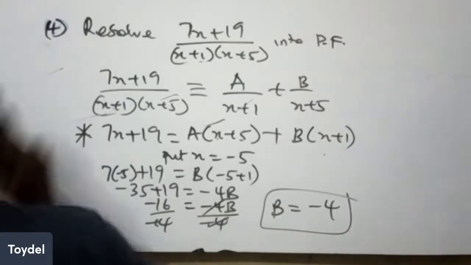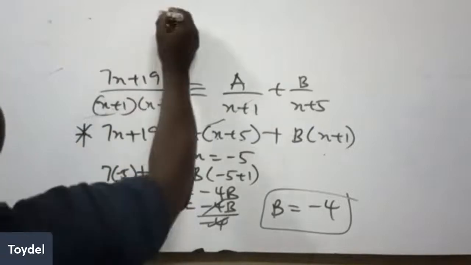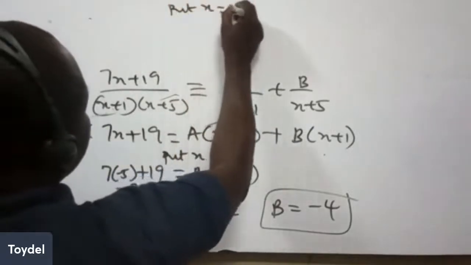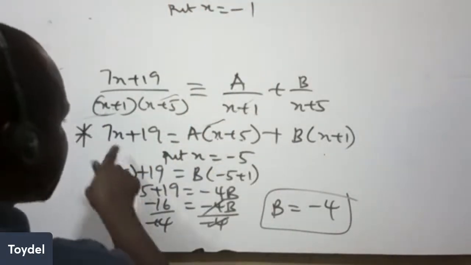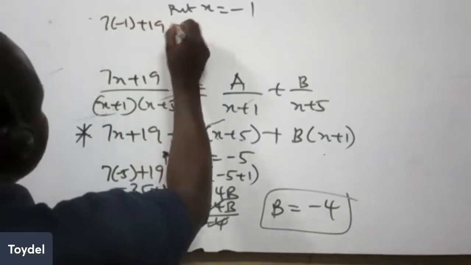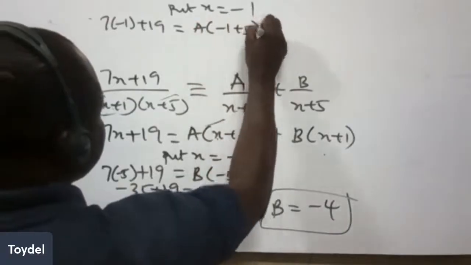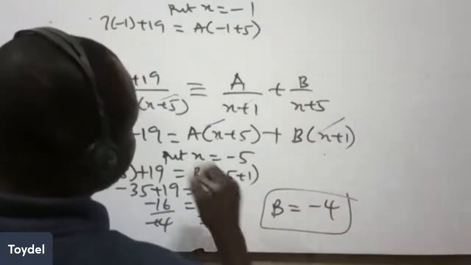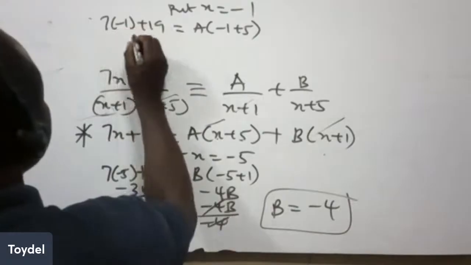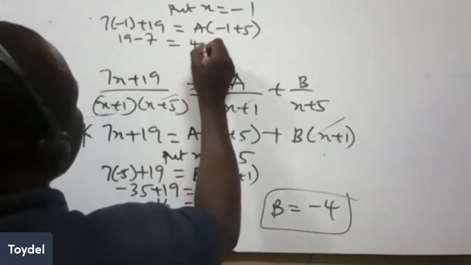Once we know the value of B, then we can go ahead and find the value of A. Then we also put x equal to minus 1. If you put x equal to minus 1 here, I'm going to have 7 into bracket (minus 1) plus 19 to be equal to A into bracket (minus 1 plus 5). Then if I put minus 1 there, B will vanish. So at the end of the day, I'm going to have 19 minus 7 to be equal to 4A.